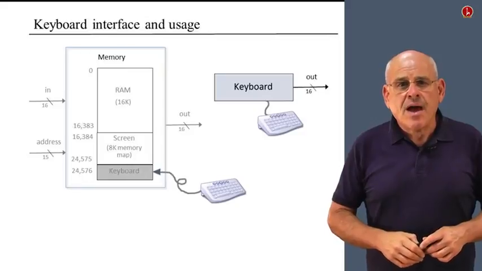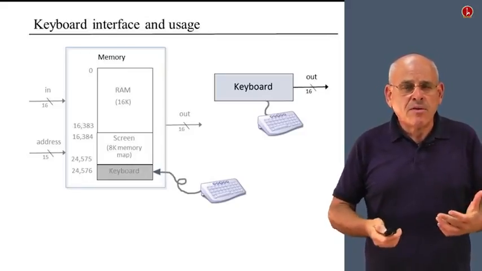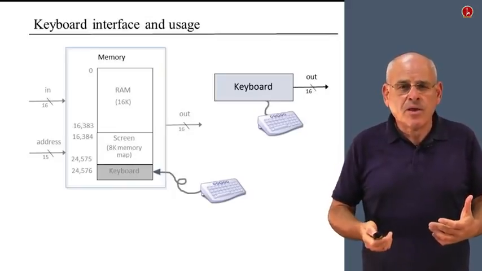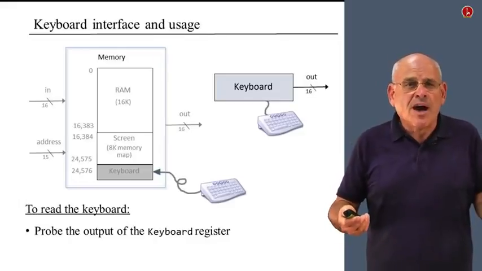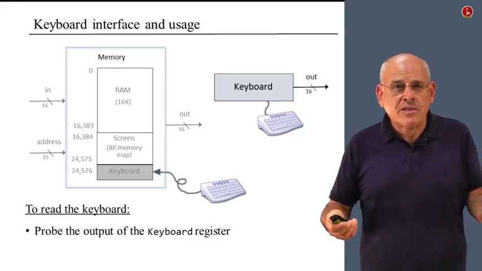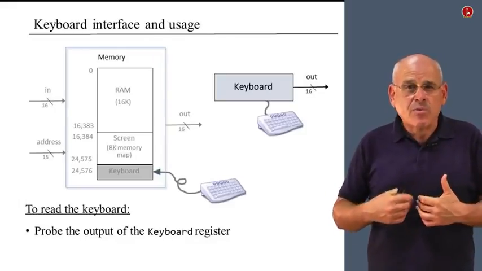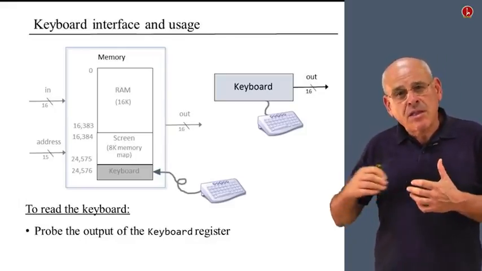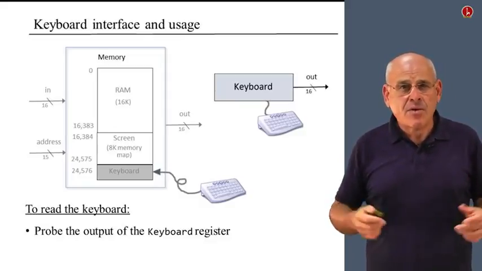All right, how do we read the keyboard? Well, we talked about it in week 4. To read the keyboard, we simply probe the output of the keyboard register, right? The keyboard register has an internal state that we don't see in this diagram, but it also has an output pin, just like any regular register.